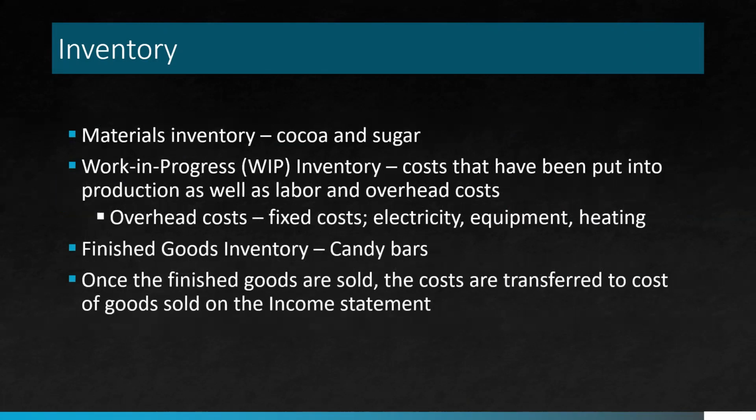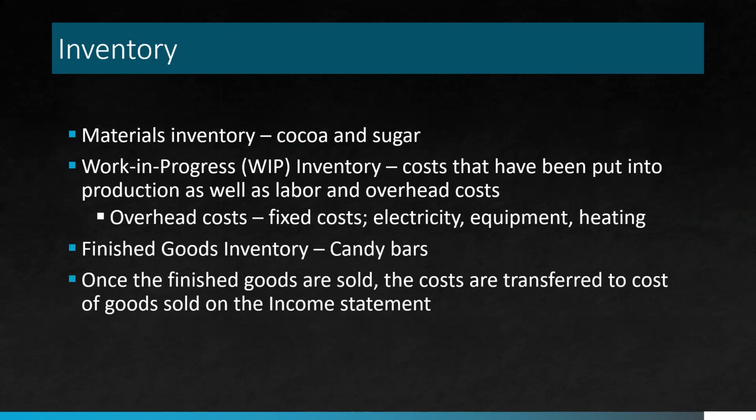So these are the people that are taking the cocoa and sugar and creating those candy bars. And your overhead costs are fixed costs such as electricity, equipment, and heating. The finished good inventory is what you will be selling, and those would be the candy bars.